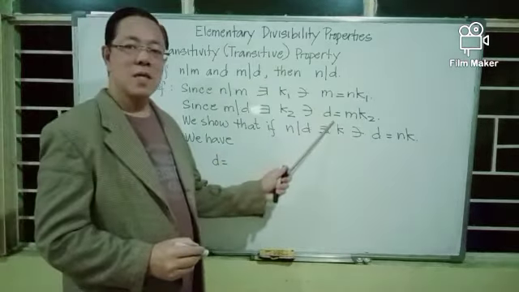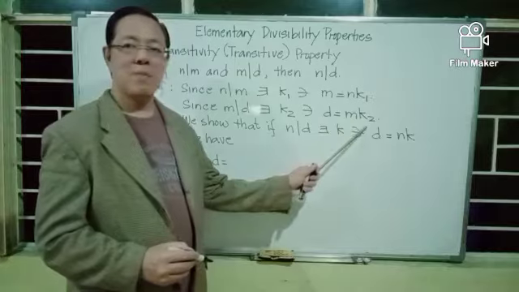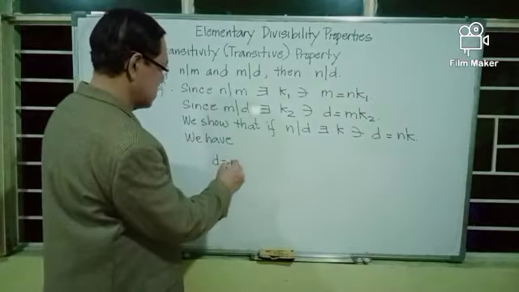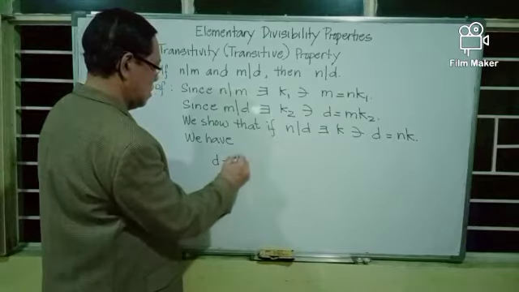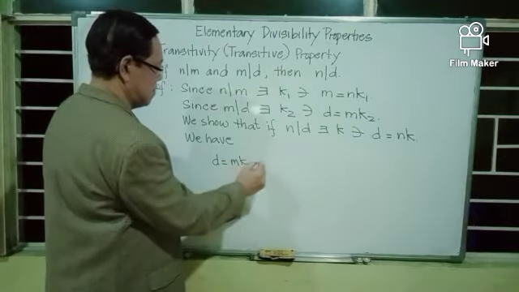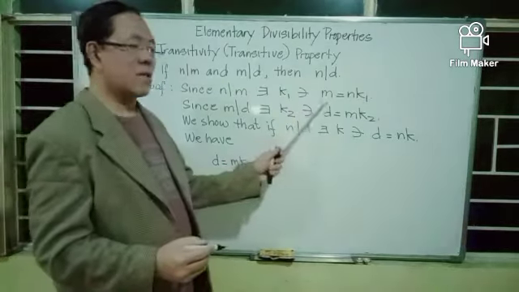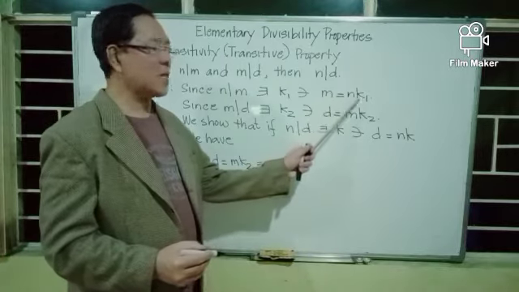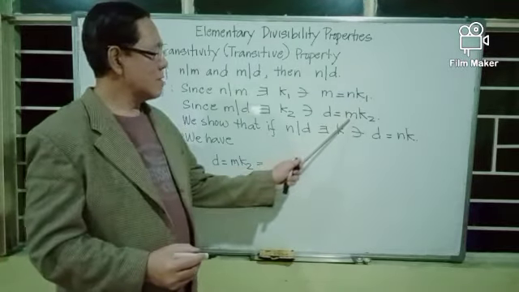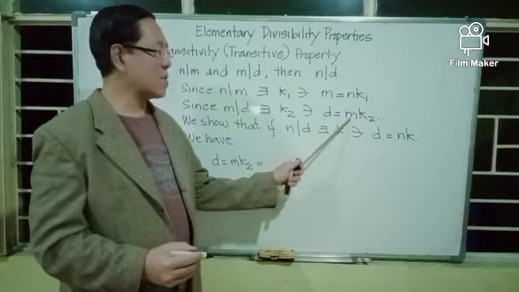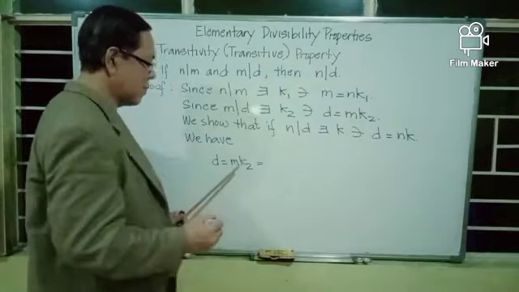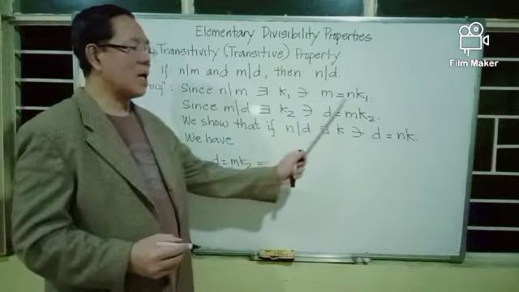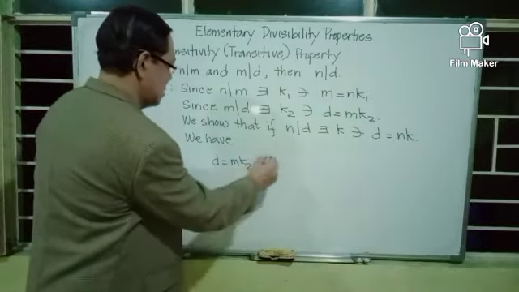We have d equals m multiplied by k2. And in the first equation, m equals n times k1. In the second equation, we replace m with n times k1.